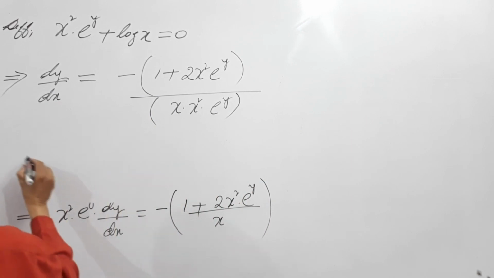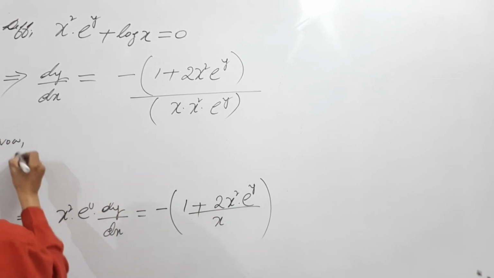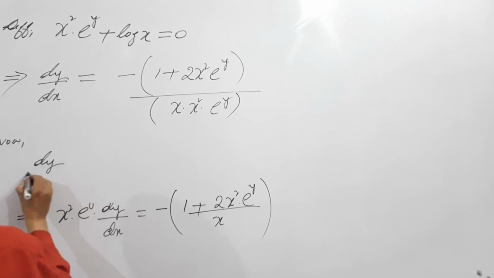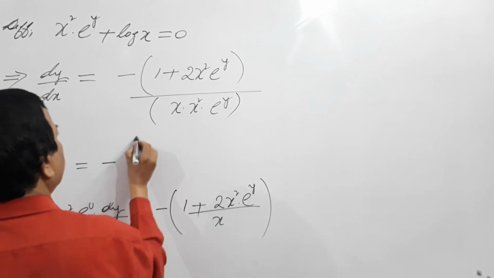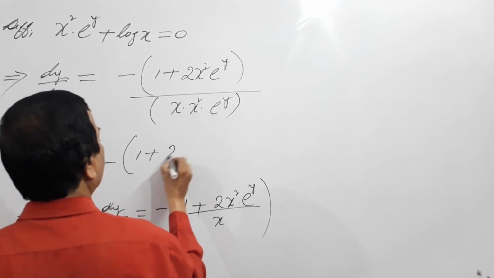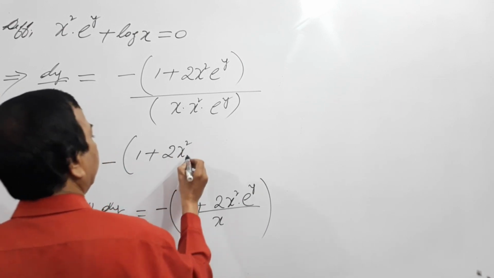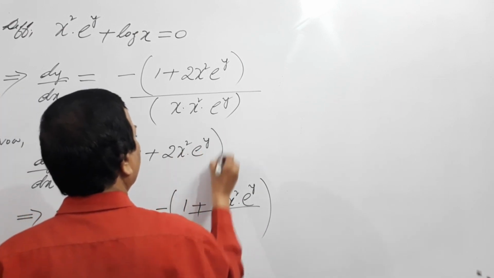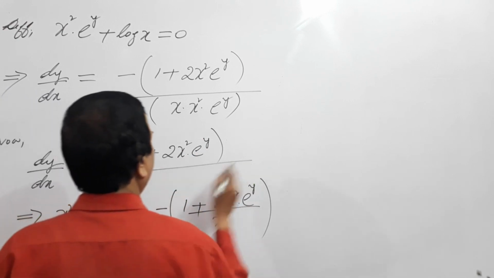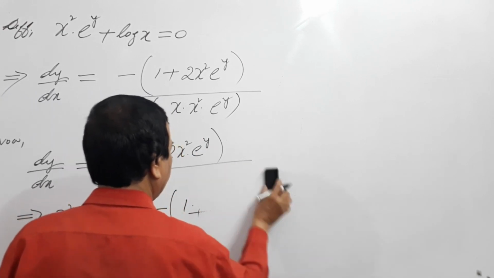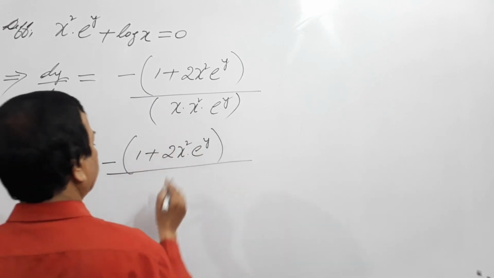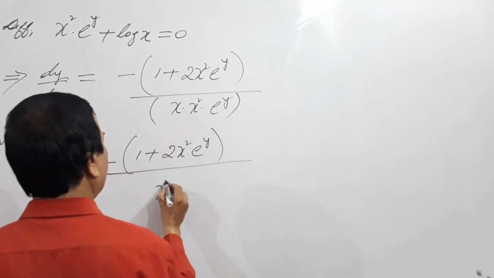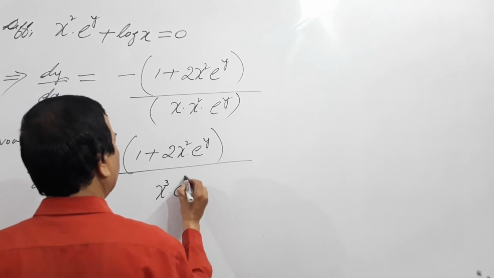So what happens? Now dy by dx equals minus (1 plus 2x square e to the power of y) divided by x into x cube into e to the power of y.